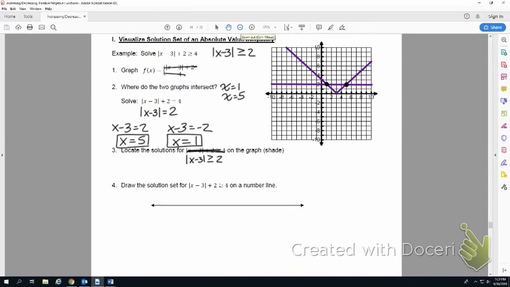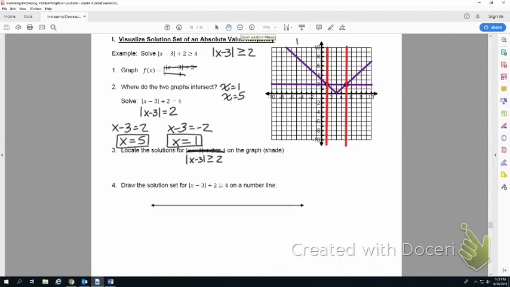If you're doing it on a graph, now most of these we're going to end up doing on a number line, which I think makes a little more sense when we do a few examples. It's a little easier, I think. But if you're doing it on X and Y on a grid, I want you to see it as 3 different sections based on where those intersections, those solutions, are.